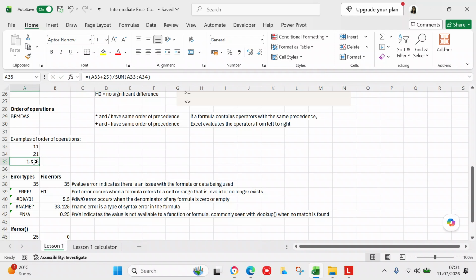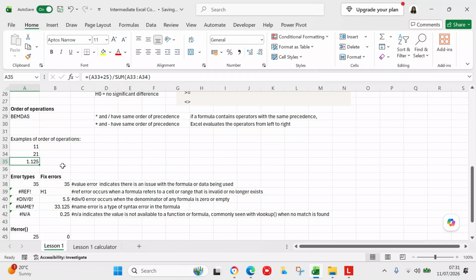The sum of A33 to A34 is 32. So that's going to be 36 divided by 32, which is going to give you a value of 1.125.